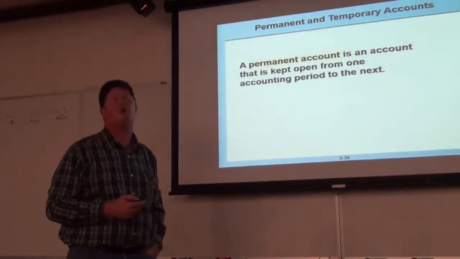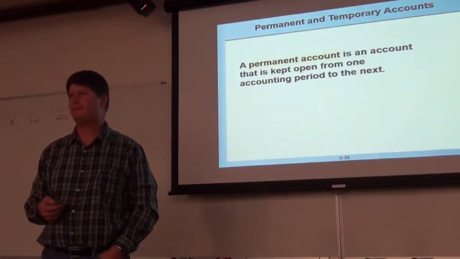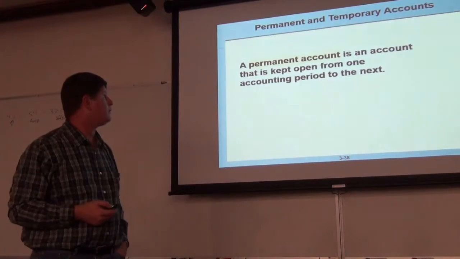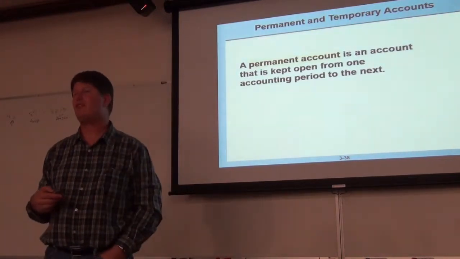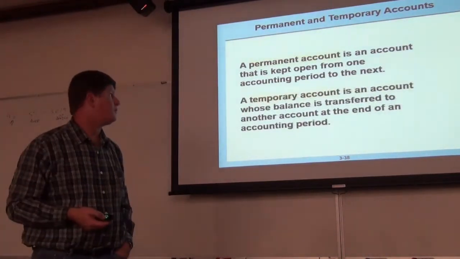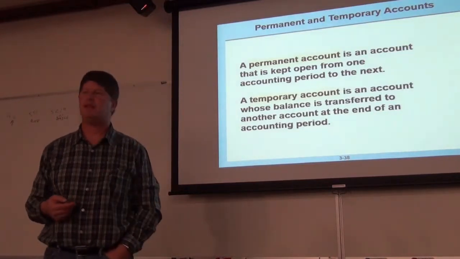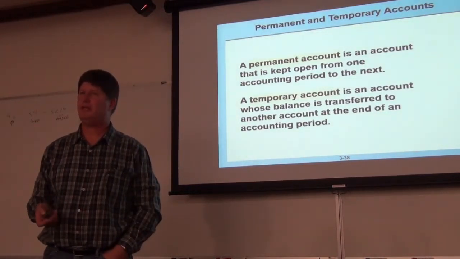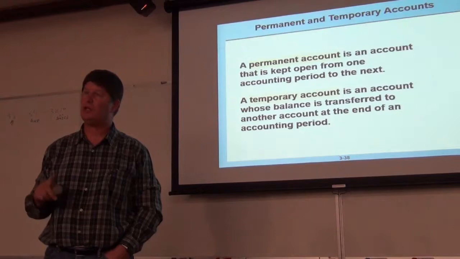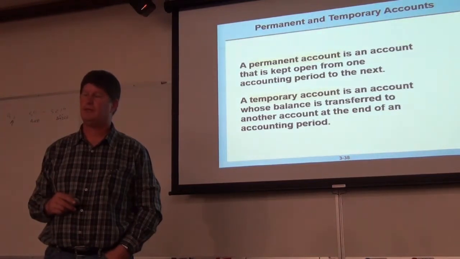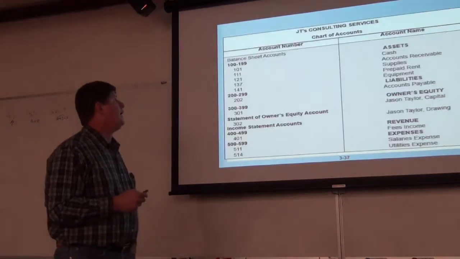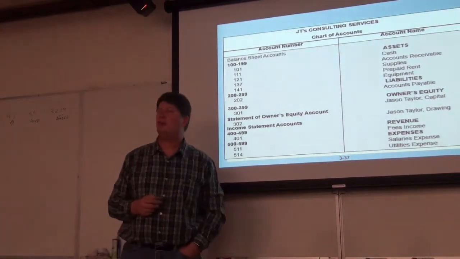There's such a thing as permanent and temporary accounts. Permanent accounts always have a balance in them. Temporary accounts, the balance gets zeroed out and the balance gets taken, or closed, to another account. I like looking at it this way better.